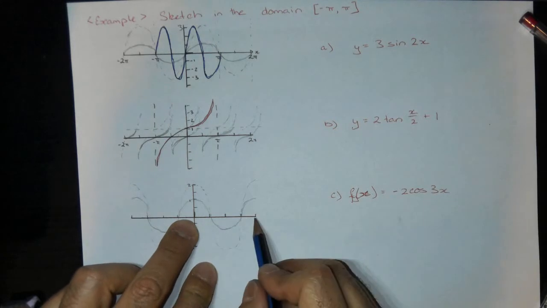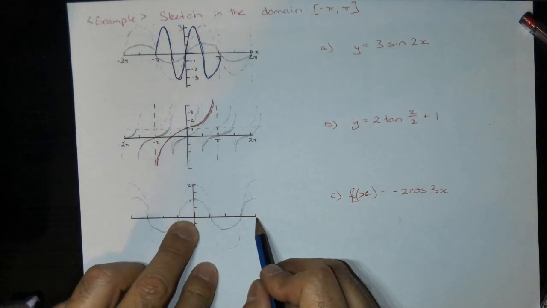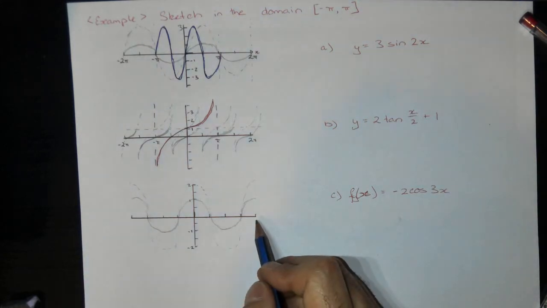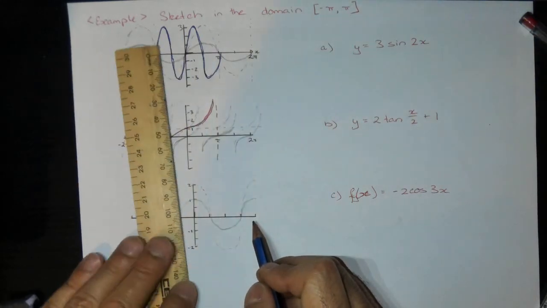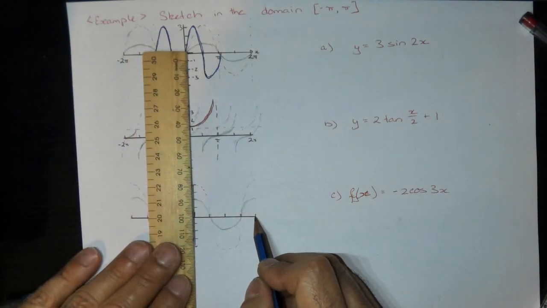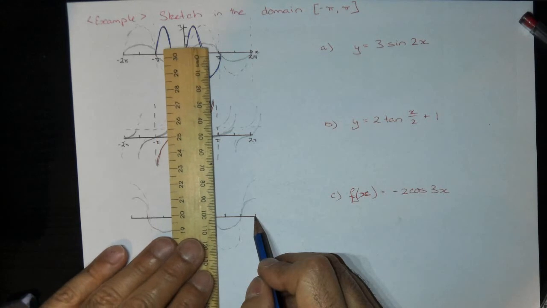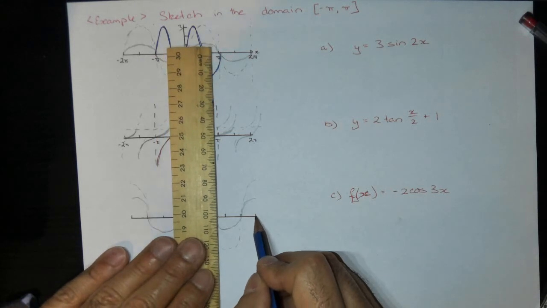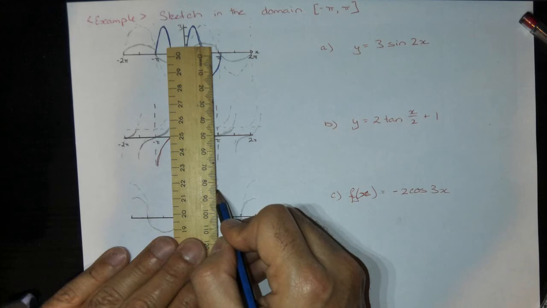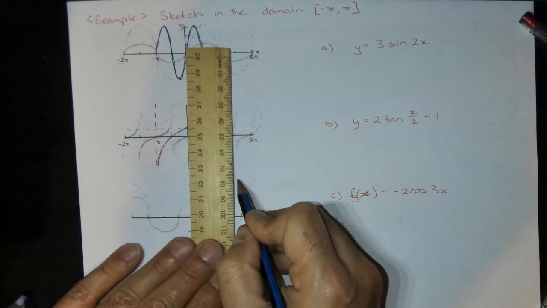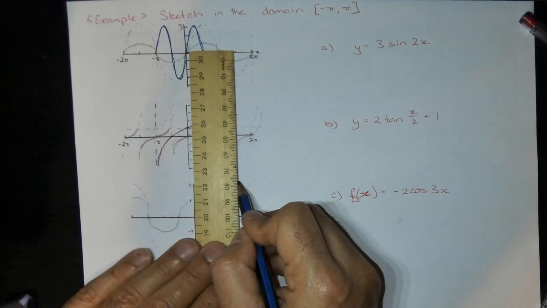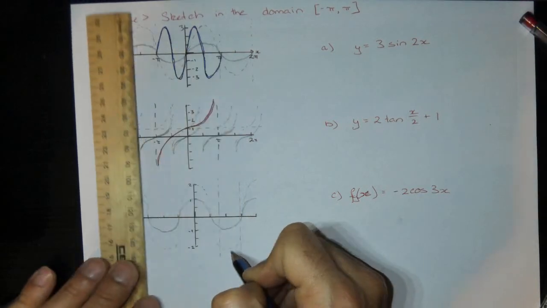The period happens between 0 and 2 pi, and now it's going to happen in thirds. So we're going to cut this into thirds.